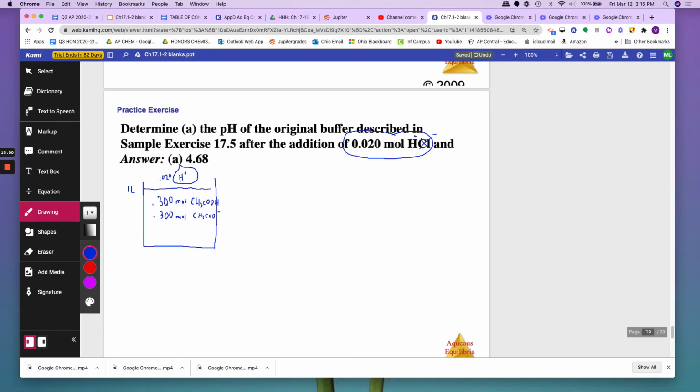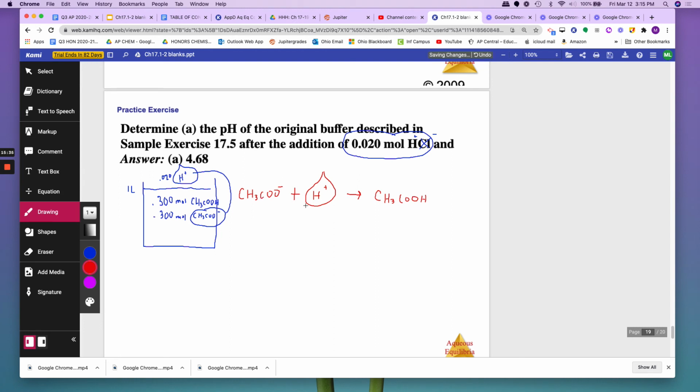All right, I wonder who's going to attack that H+. You're right, the acetate ion will grab that. So the equation looks like this. The acetate ion, CH3COO-, will attack the H+ that you add in drops, right? And you're going to make CH3COOH. Okay?